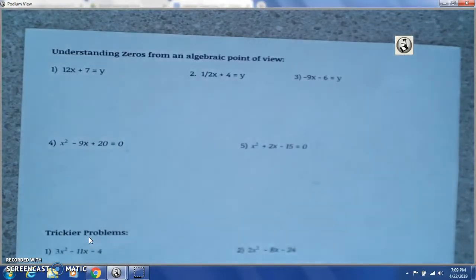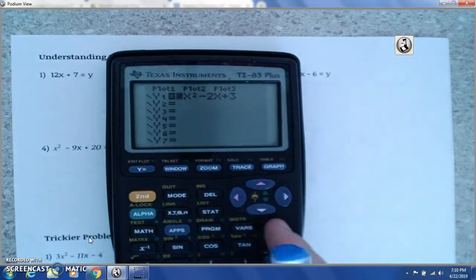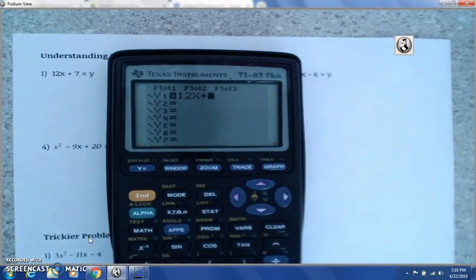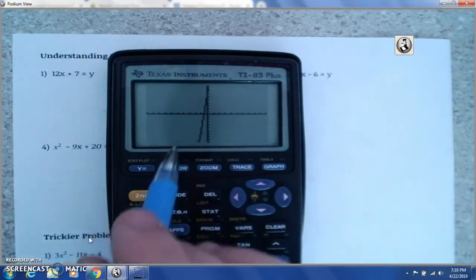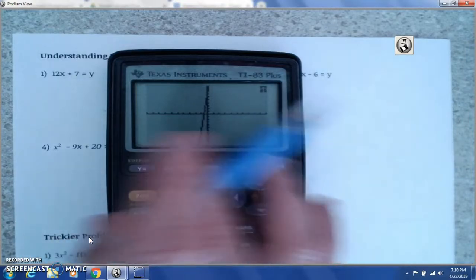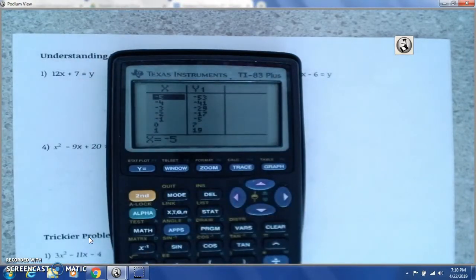So again, looking on the back here, it's probably going to have (1, 0). Y equals, clear that out, 12x plus 7. Graph that. And it looks like it's going through between two numbers, okay? In that situation, graphing is not going to help me much.